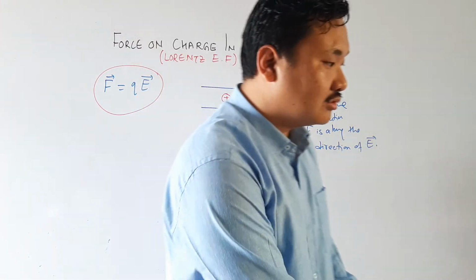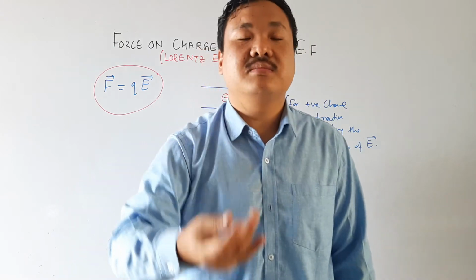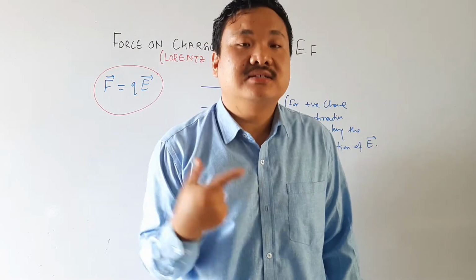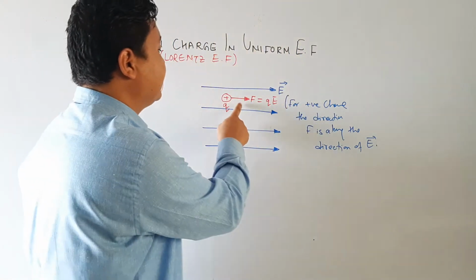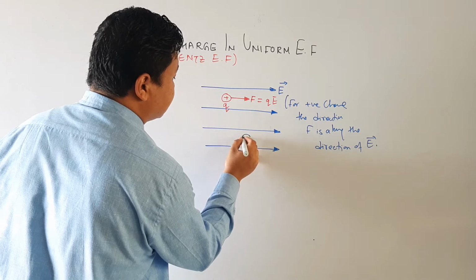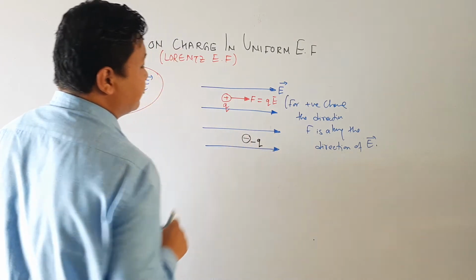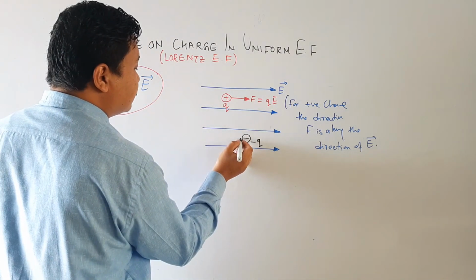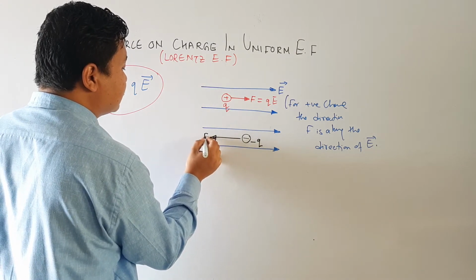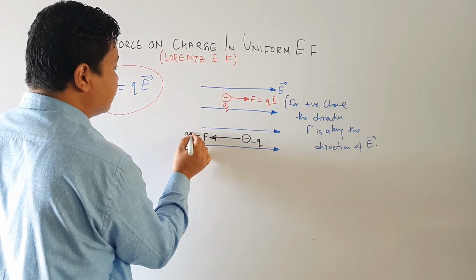So whenever you put the positive charge in uniform electric field, that charge will move in the direction of electric field like this. Okay, now you put negative charge here, negative Q, then what will happen? This will move in linear direction opposite to this. F is equal to QE.